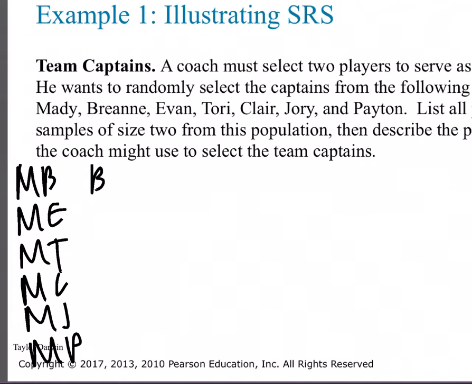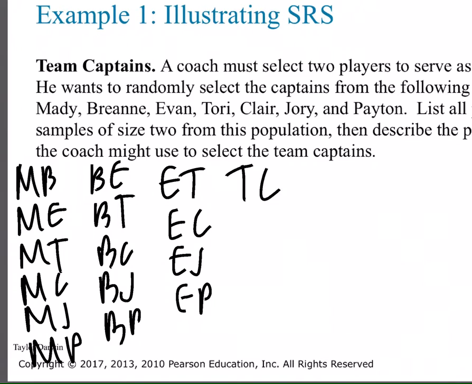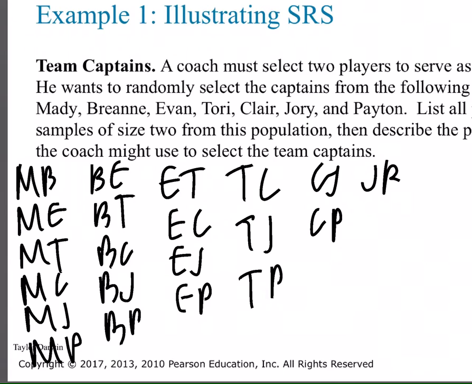Then Brienne has already been paired with Maddie, so I'm going to start with Evan: Tori, Claire, Jory, Peyton. And then from Evan: Tori, Claire, Jory, Peyton. Tori and Claire, Tori and Jory, Tori and Peyton. Claire and Jory, Claire and Peyton. And then Jory and Peyton could be together. So those are the ways that we could look at all the possibilities.